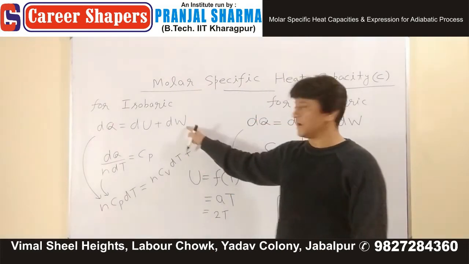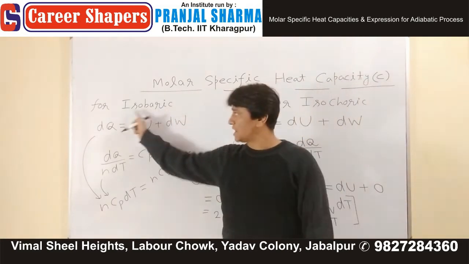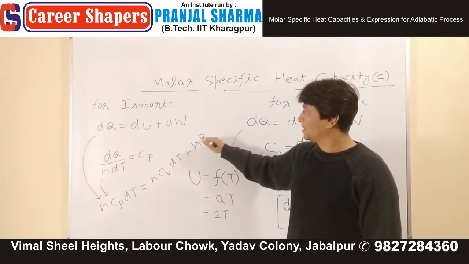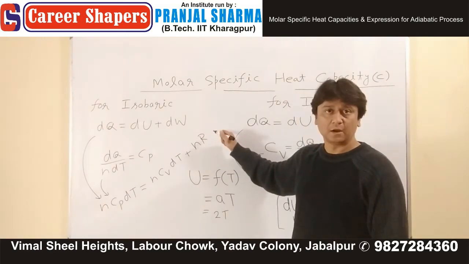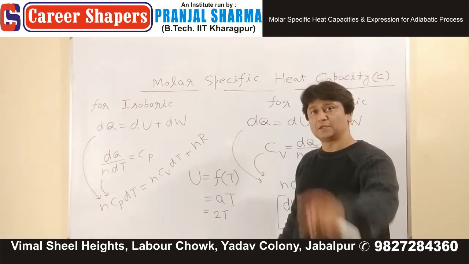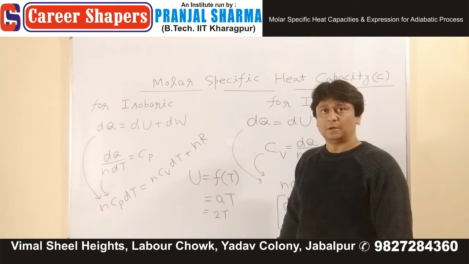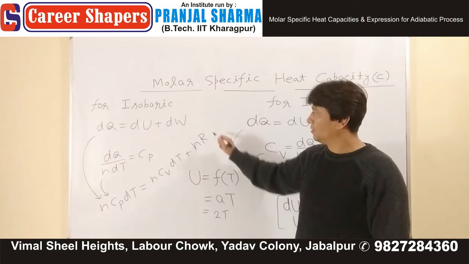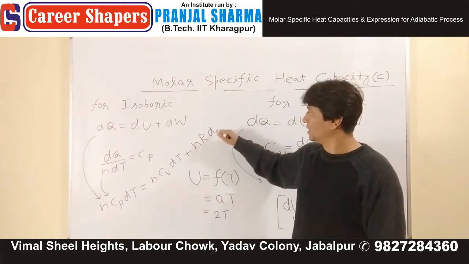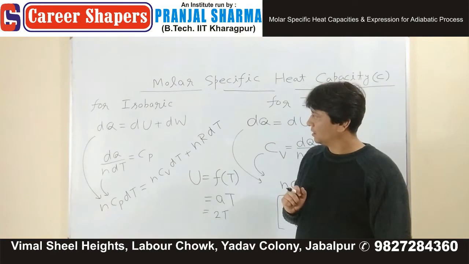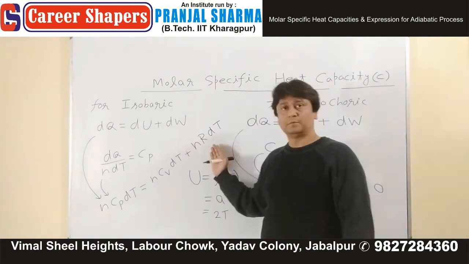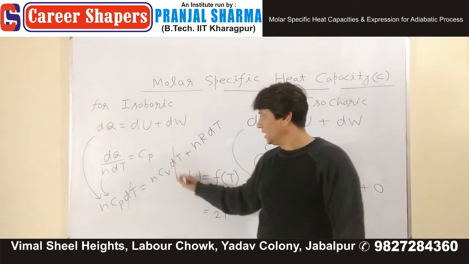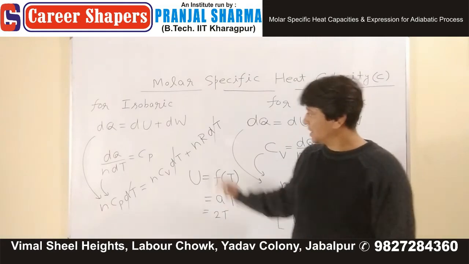Now, what is dW? It's an isobaric process. For isobaric process, dW in terms of temperature is what? nR (T final minus T initial). You remember that? What is T final minus T initial? dt. This is dW. dt, dt, cancelled.